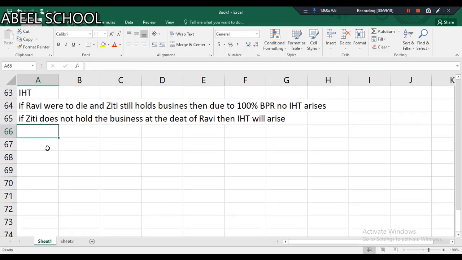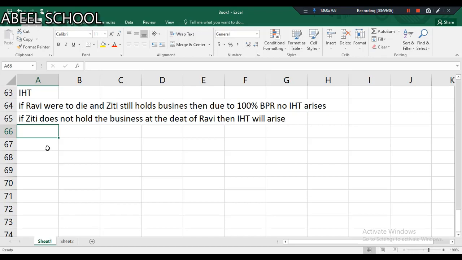Now let us calculate IHT. Obviously, when the father gave that business to ZT, at that time it was a PET, but now we have to calculate the death tax, if Ravi dies within 7 years of making that PET.